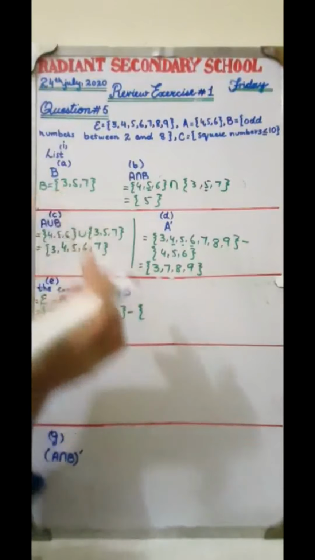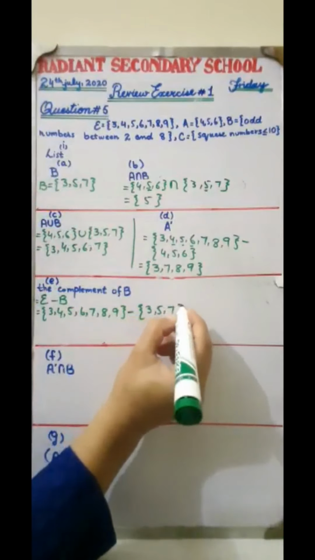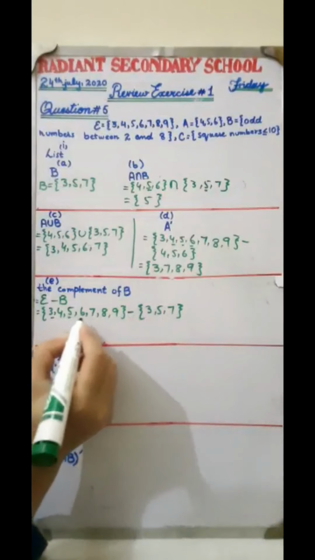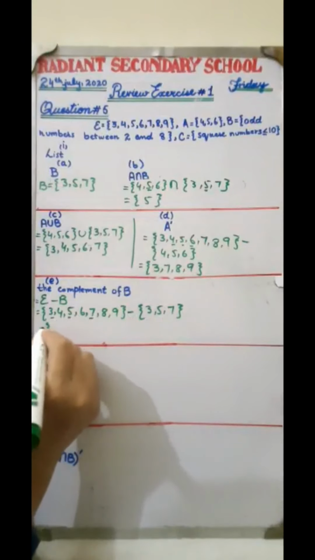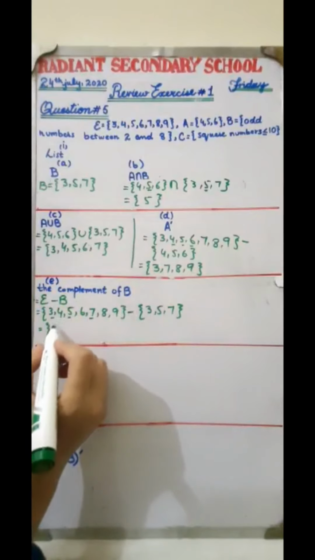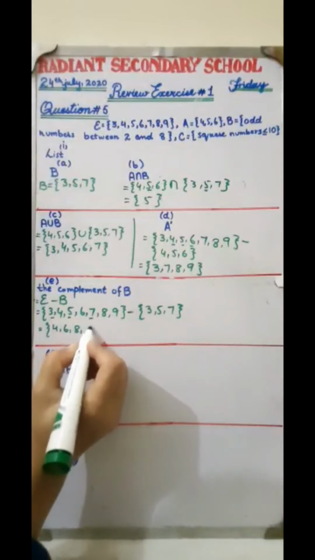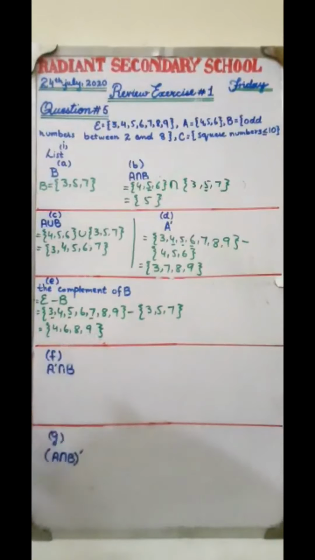B set is present here, this one, 3, 5, 7. 3, 5, 7 is subtracted from the first set. Remaining elements from the first set will become 4, 6, 8 and 9.